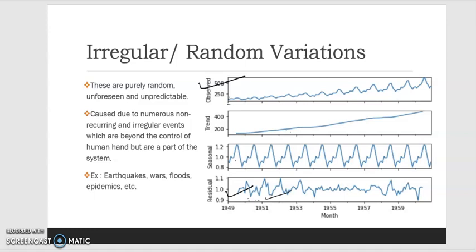But once it came into the scenario, we really didn't expect it to spread throughout the world. Though our scientists and everybody are trying to control it, there is no particular method of controlling it, because of which it would fall under an irregular component. The pandemic is not expected to happen every year.